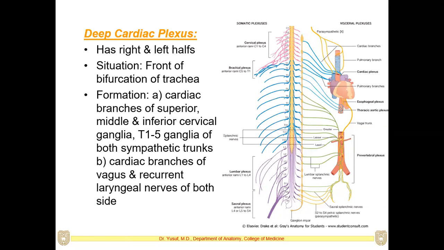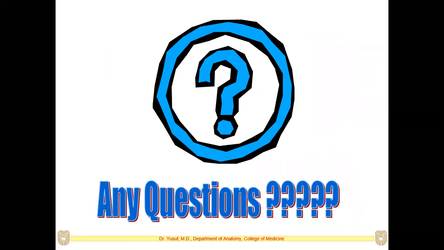Both the sympathetic and parasympathetic will be supplying the atria and the conducting system, but the ventricles are supplied only by the sympathetic trunks. So this is all about the nerve supply of the heart, the fibrous skeleton, as well as the conducting system. If you have any doubts regarding this, you can ask me now.